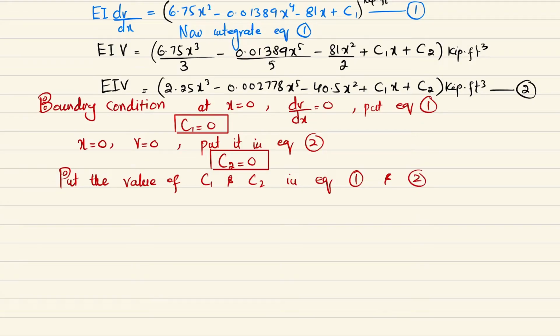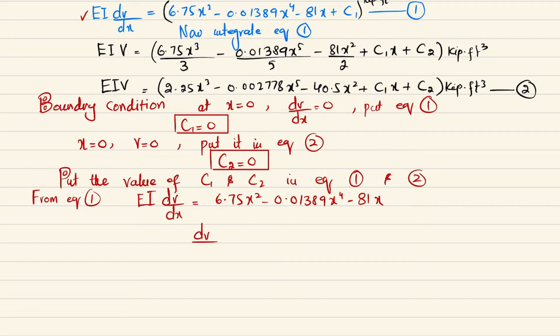So what we will get is, if you put in equation 1, you can see this is equation number 1, EI dv over dx is equal to 6.75x² − 0.1389x⁴ − 81x, and c1 is equal to 0, so it will be this one.